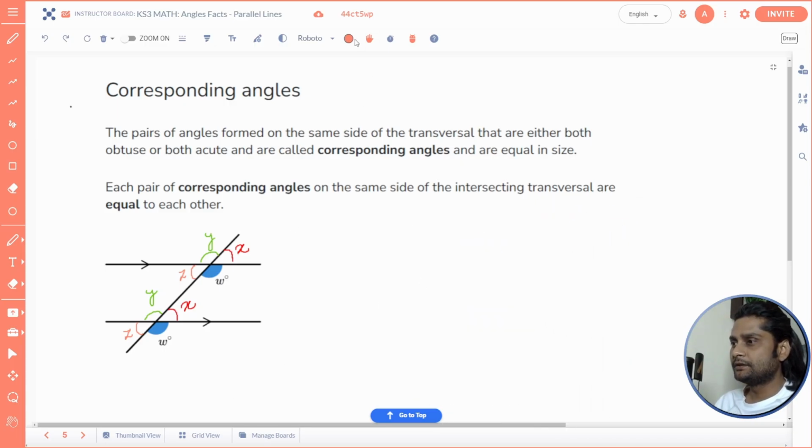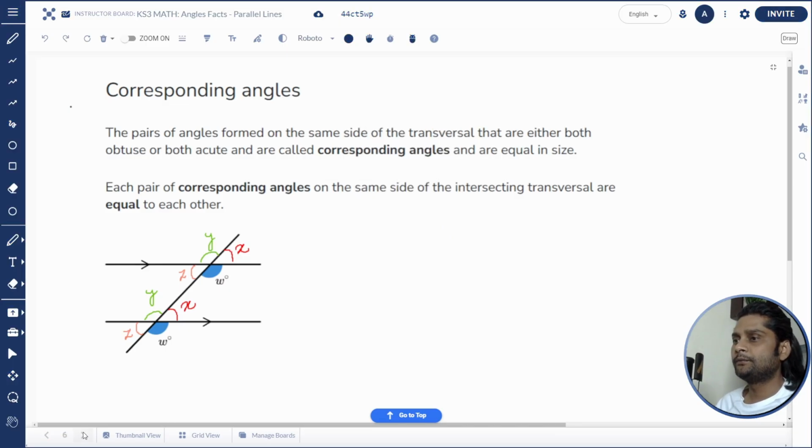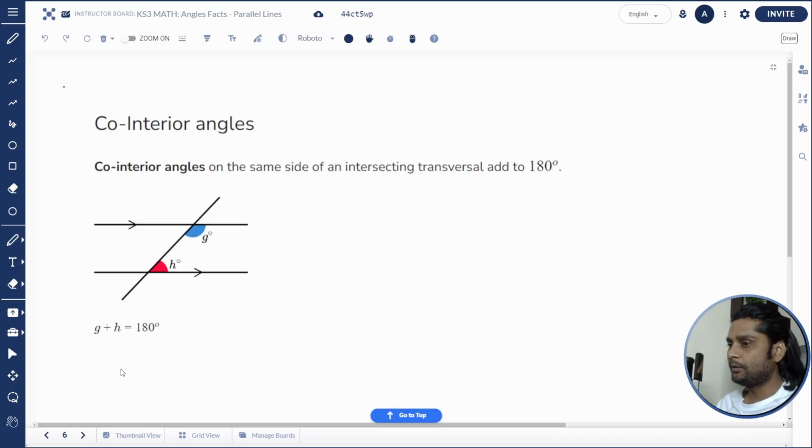Let's continue with the next example, where we have the next kind of angles, which are called consecutive interior angles or co-interior angles. Students, that is a condition we mainly consider between parallel lines, because in non-parallel lines we don't have much significance in that. So we have two parallel lines.